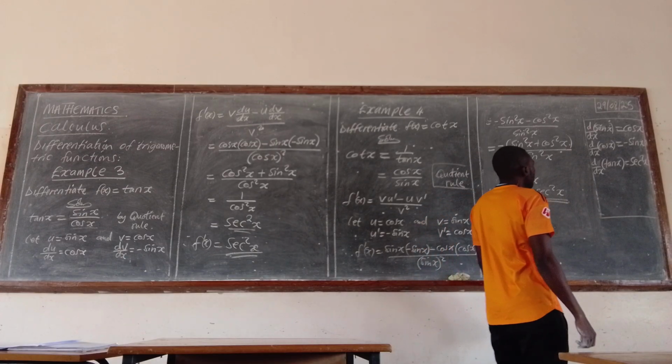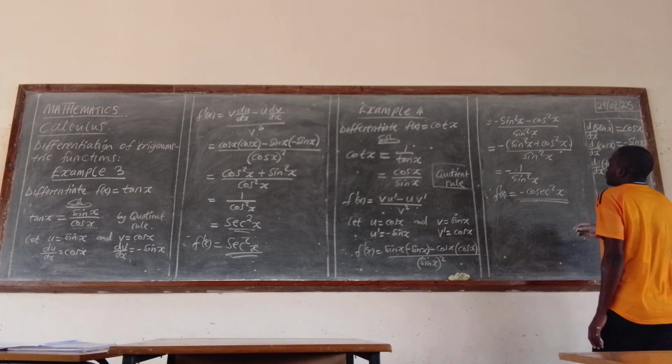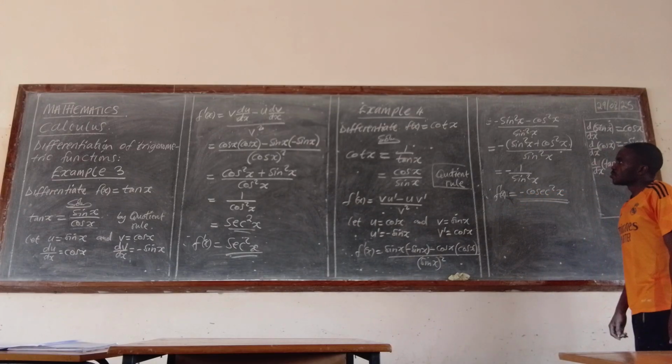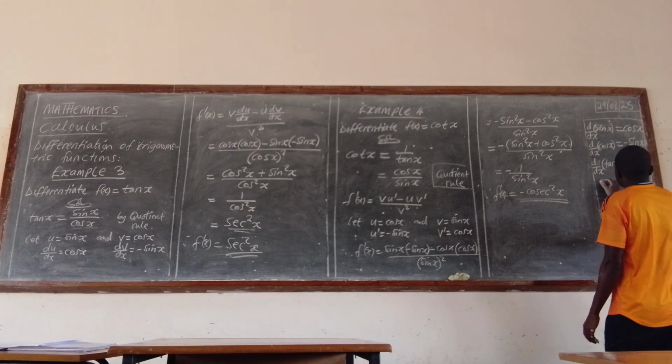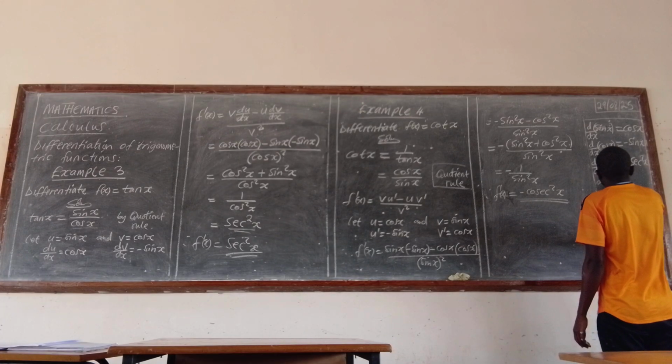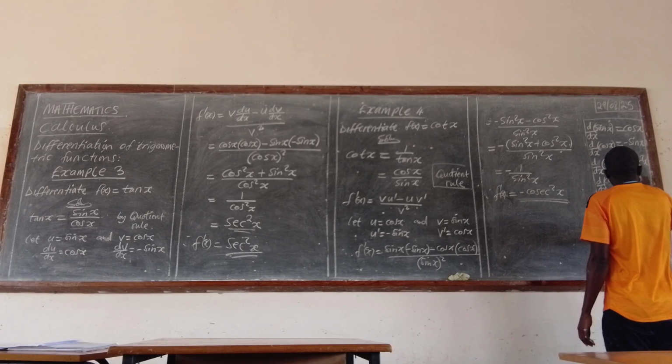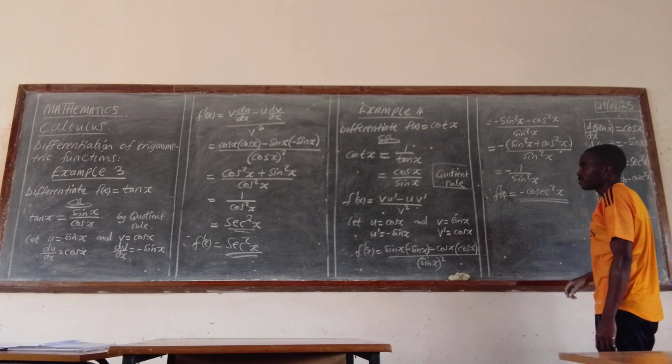So remember, we are going to be keeping track. So we're differentiating cot x. So we're saying the derivative of cot x with respect to x is the same as negative cosec squared x, like that.